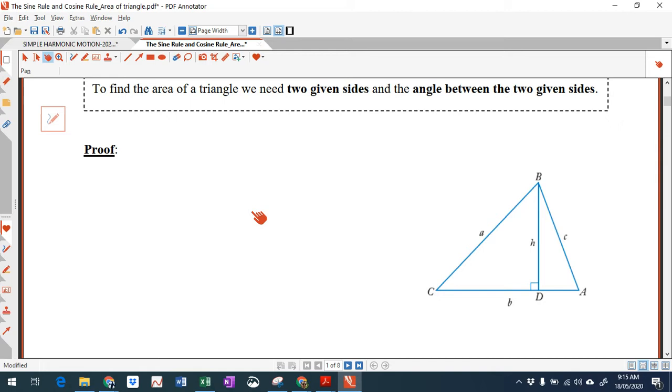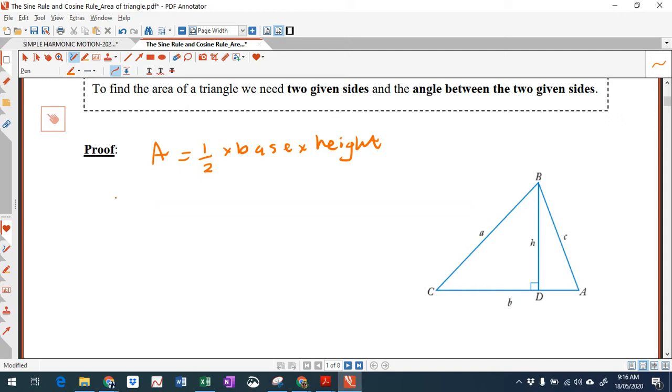Rightio. So, first of all, what do we know? We know that for any triangle, area equals a half times the base times the height. Okay. So let's start off with something involving the base.